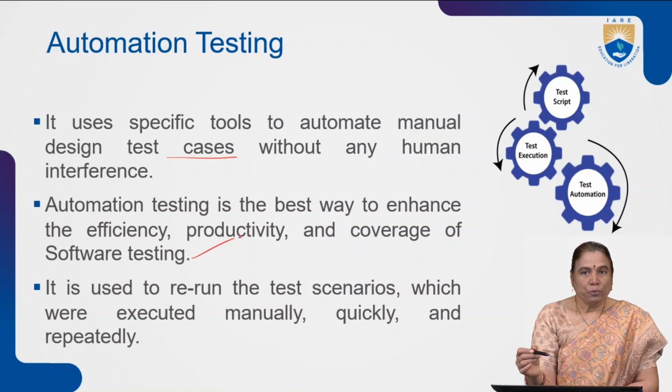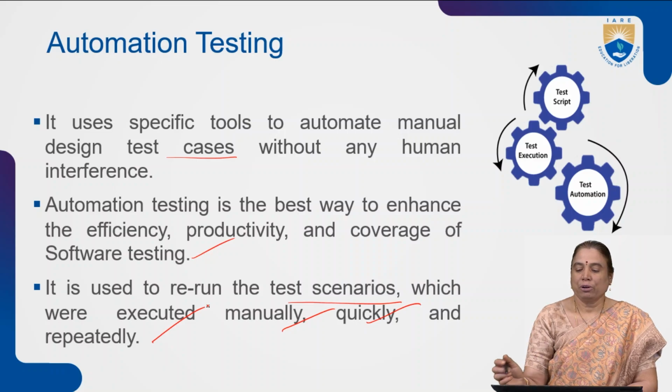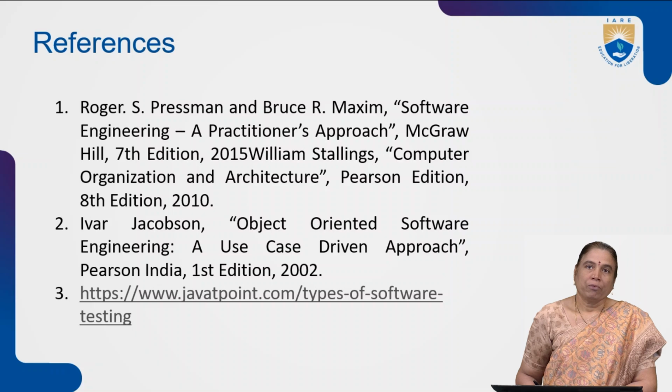It is used to rerun test scenarios which were executed manually, quickly and repeatedly. A variety of automation tools are available in the market. Here, the test scripts are executed repeatedly in order to identify bugs in the software. A variety of automation tools are available, like Selenium, WinRunner, QTP, LoadRunner, etc.